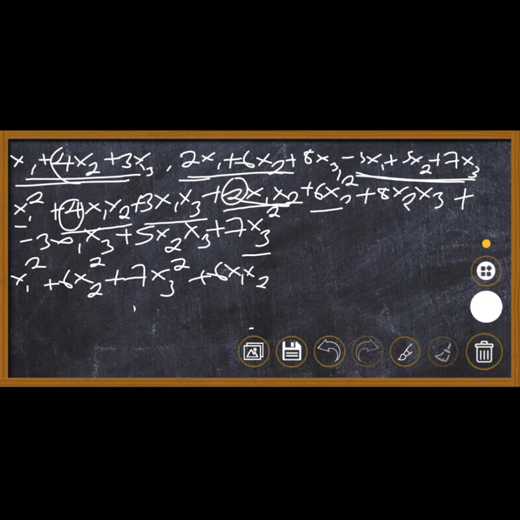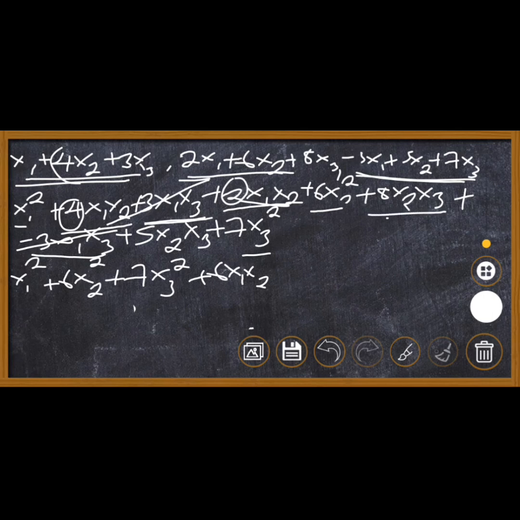We come to whichever has x1 and x3 here. We check which one has x1 and x3. It's this one. So in this case we are going to subtract: 3x1 x3 minus 3x1 x3. Of course it's 0, so we simply cancel them. Then we go to the next. Which one has x2 x3?